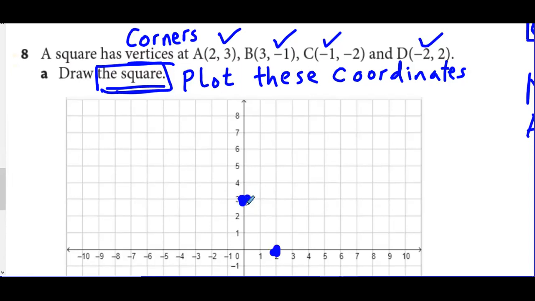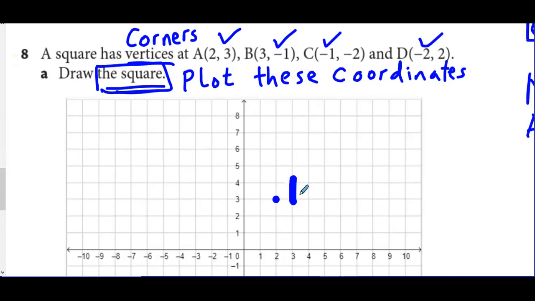The answer is no. We plot the coordinates by looking at this: 2 is here, this is 3. So (2, 3) will be somewhere there, and you label that this is point A.